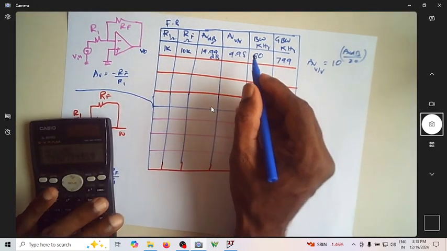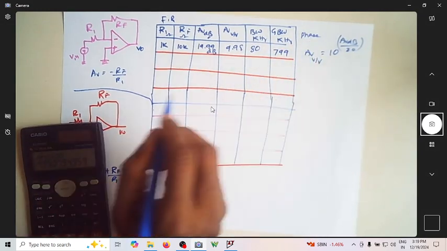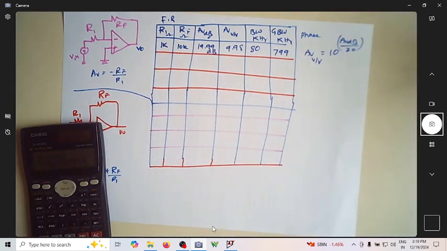You can also see there is a phase. Let me write the phase over here. We know that in the case of an inverting amplifier the output is out of phase.